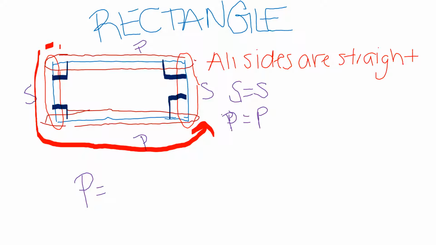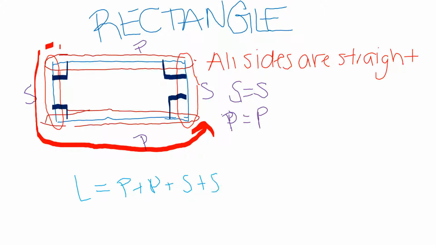I'm going to change that variable. I'm going to erase it. Let's make it L for length of the perimeter. So we add P plus P plus S plus S.